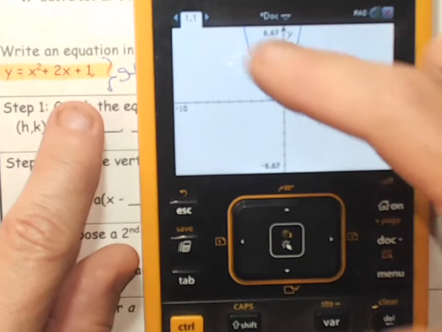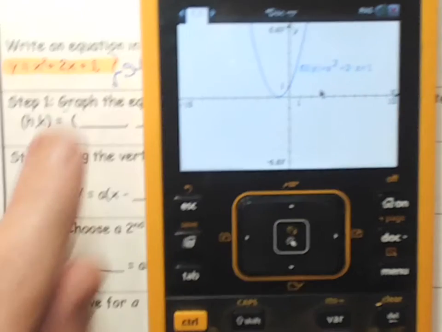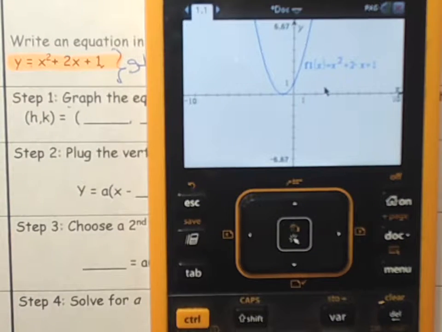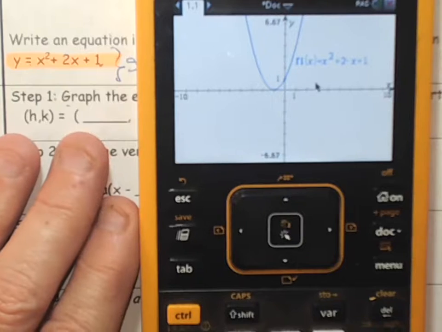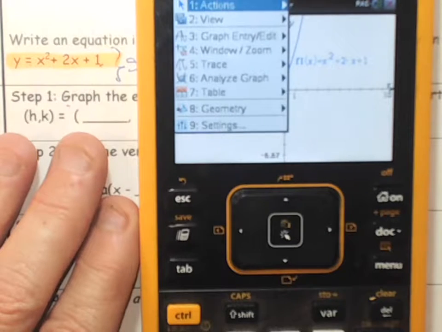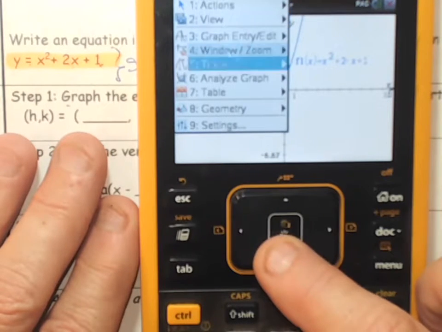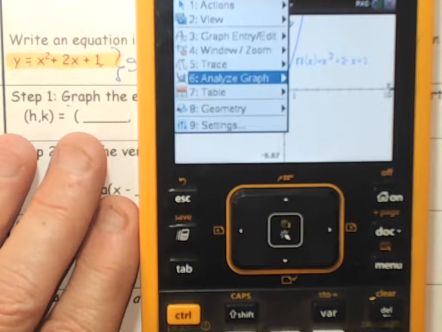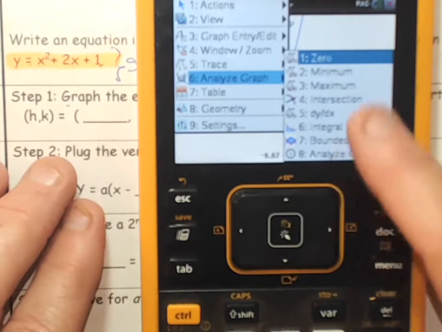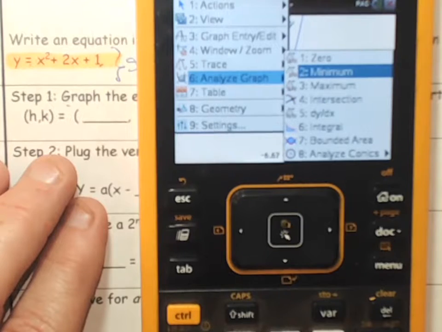If you notice, our parabola opens up, which means our vertex is a minimum. If you remember, you go to menu, and we want number 6, analyze graph. Our vertex is a minimum, so we go to number 2, minimum.